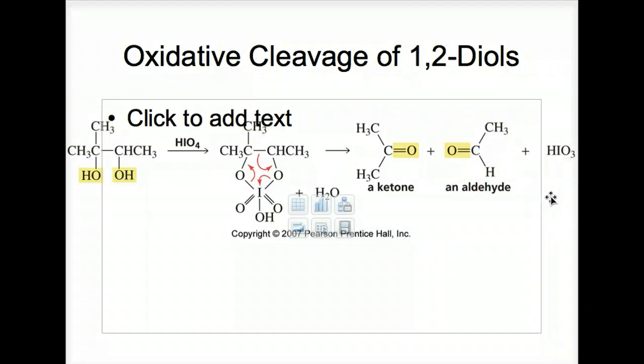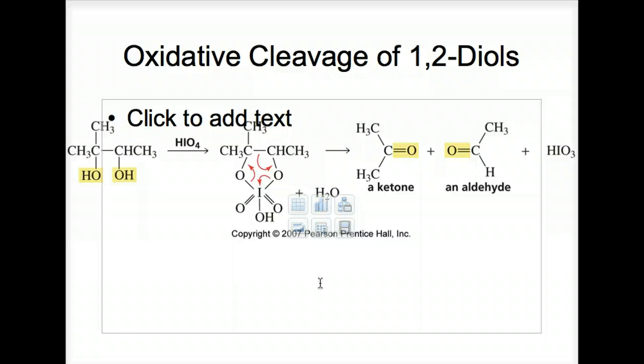So the periodic acid reacts with the diol to form a cyclic intermediate, and as the cyclic intermediate breaks down, the bond between the 2 carbons bonded to the oxygen breaks. If a carbon was bonded to an OH group, it is also bonded to 2 R groups. The product would be a ketone on the left.